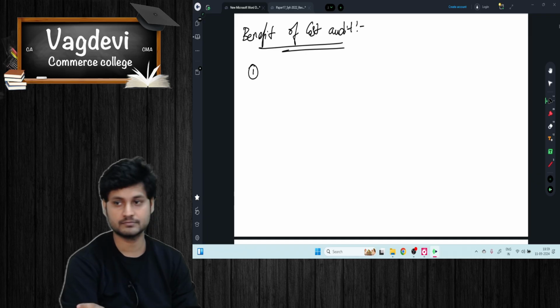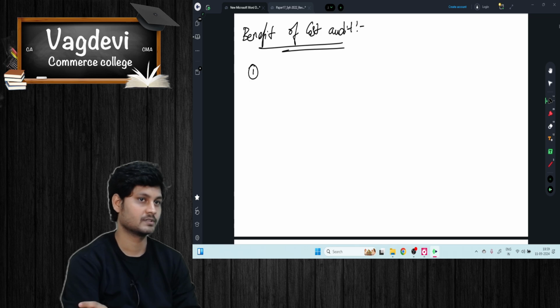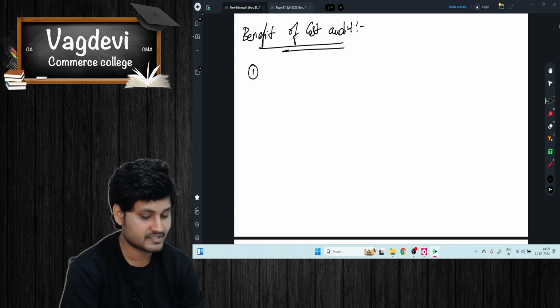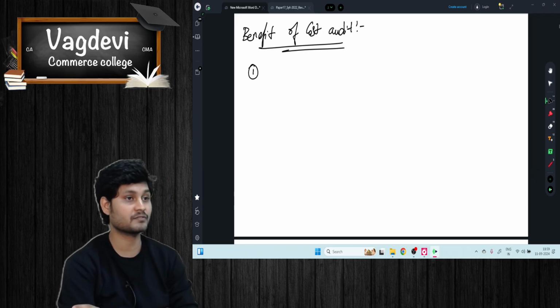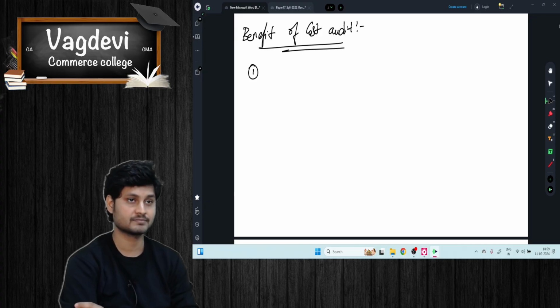There is an act for you, a law which is applicable for you people. What is that law? Cost and Works Accountants Act 1959. And as per that law, you got converted as an organization, a statutory body set up by Parliament of India.